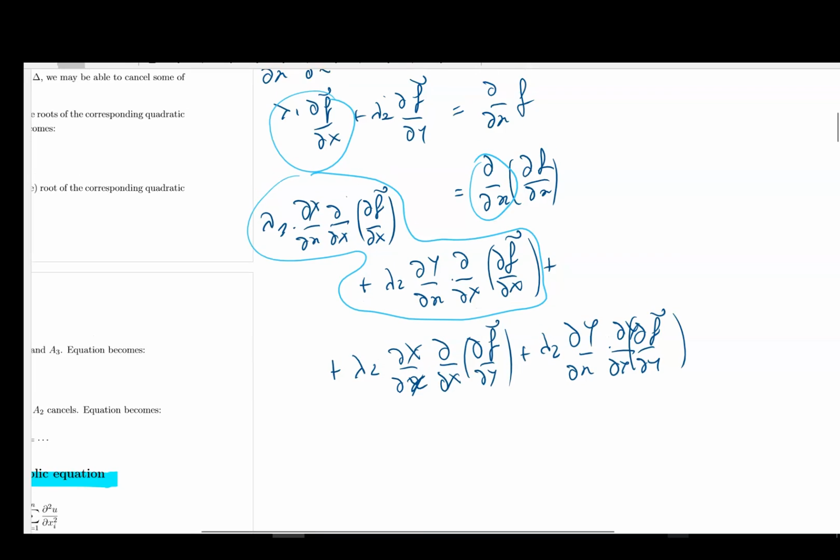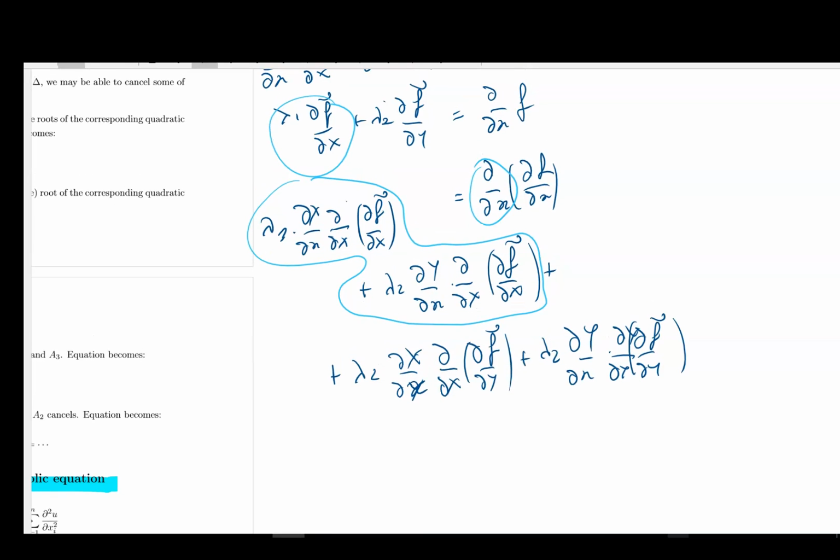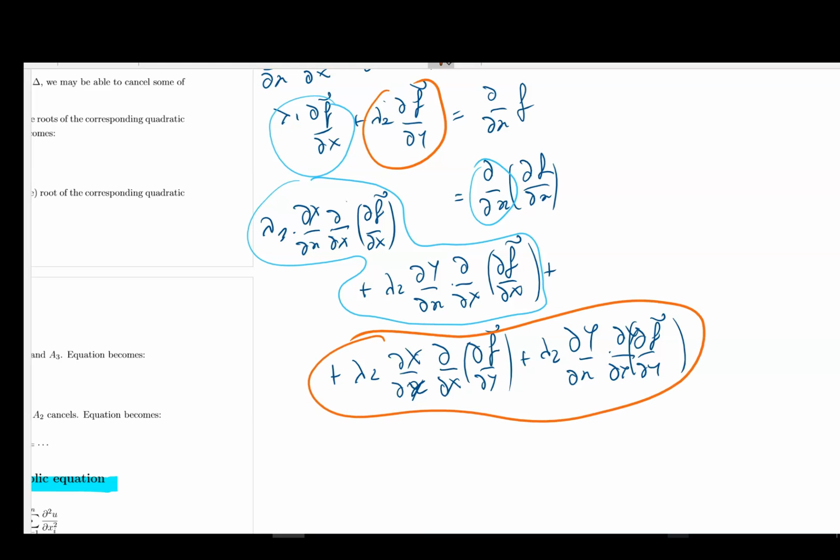Okay, so that corresponds to the d over dx of lambda 2, which is just my constant, times df tilde over dy.